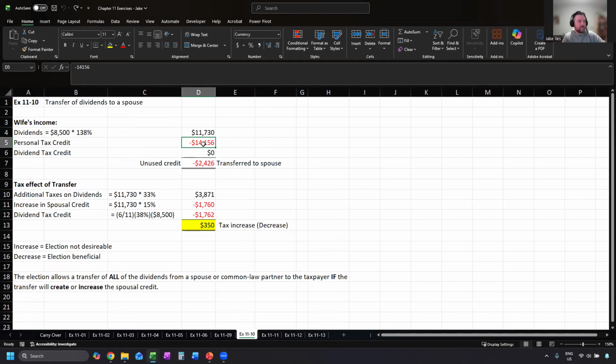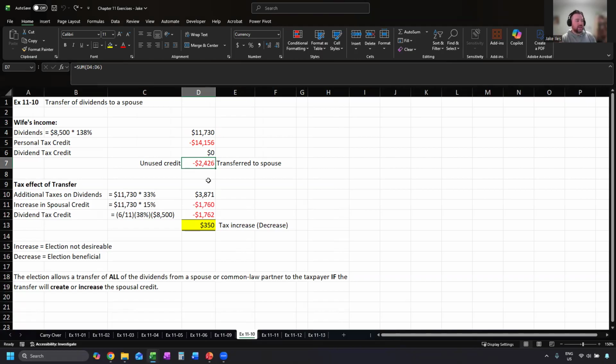The reason we use this number is because the spouse's income is so high that they have the reduced basic personal amount. So we're using 14,156 instead of that 15,700 number. So the personal tax credit, 14,156, if we were to transfer it, meaning we have unused credit. This income's getting to zero, and we still have unused credit that could be transferred to spouse. So Mr. Ho is having some benefit under the current circumstances.